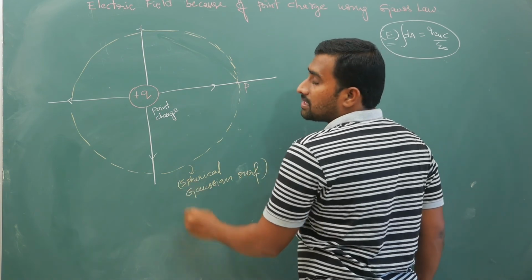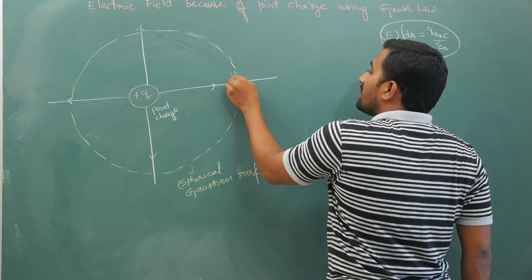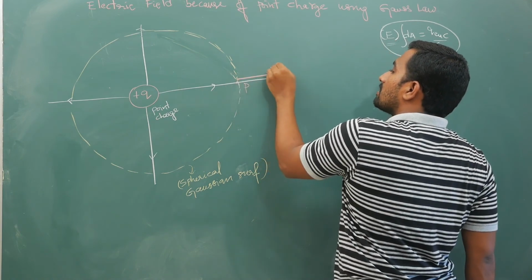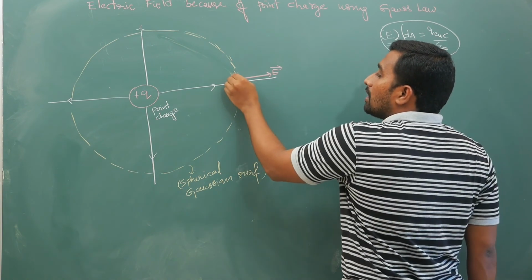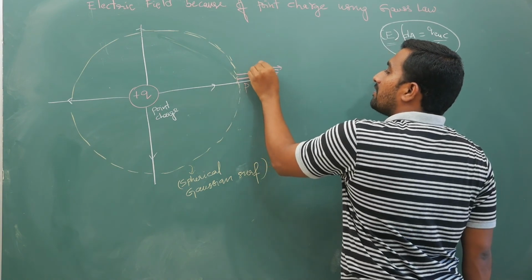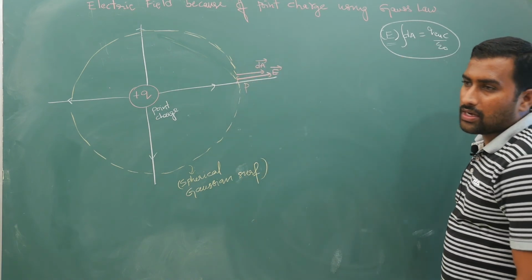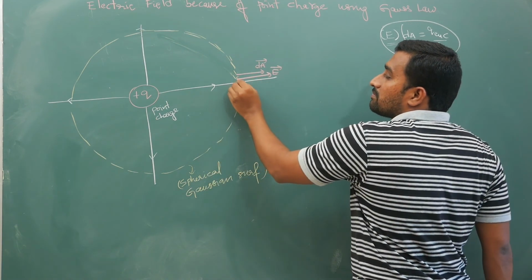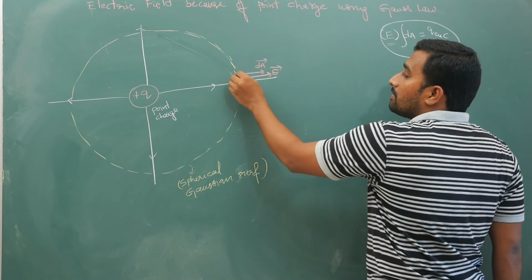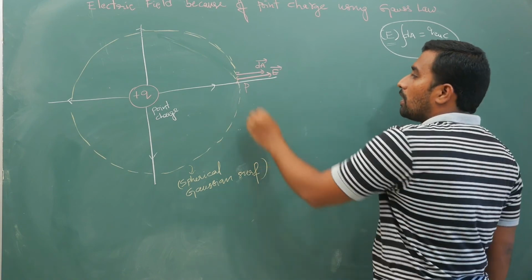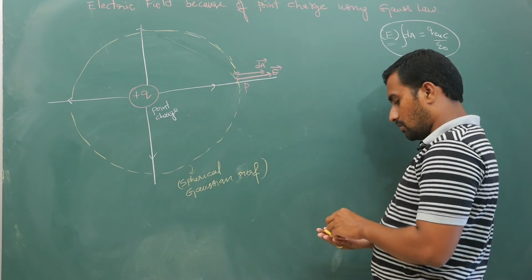If I consider this spherical Gaussian surface, my electric field here is E bar this way, and on this small Gaussian surface my area vector is dA bar like this. Your electric field will be, if I simply place +1 coulomb, away, and the area vector will be perpendicular to the surface, so the small area vector dA will be like this, so your angle between them is 0.